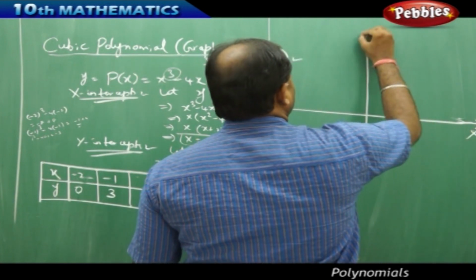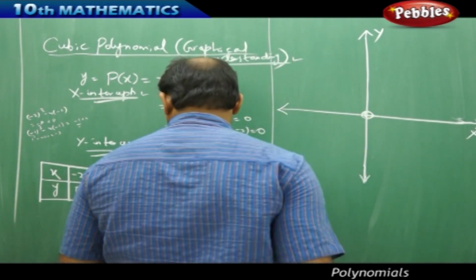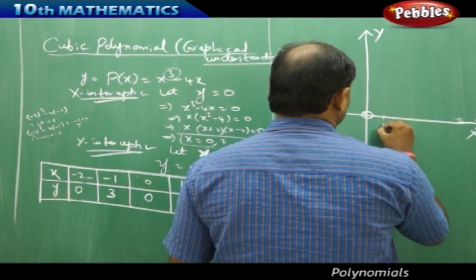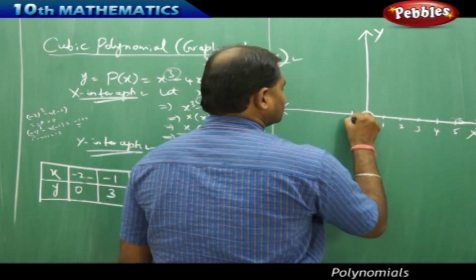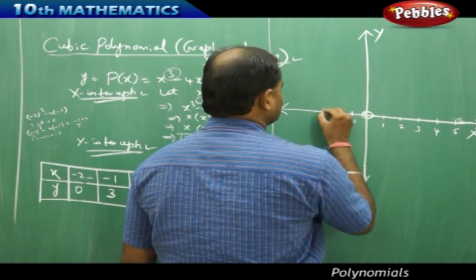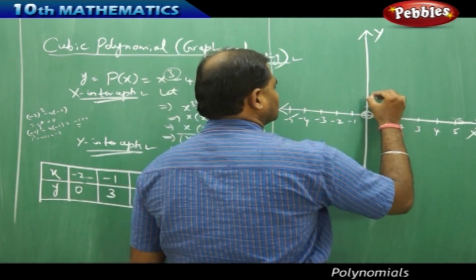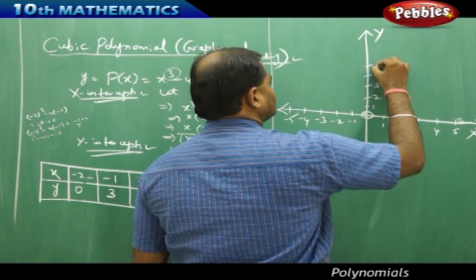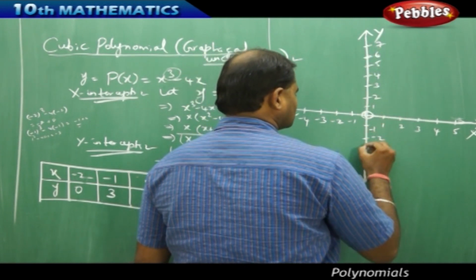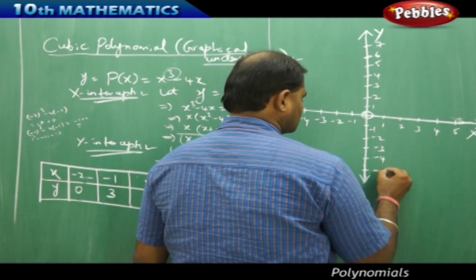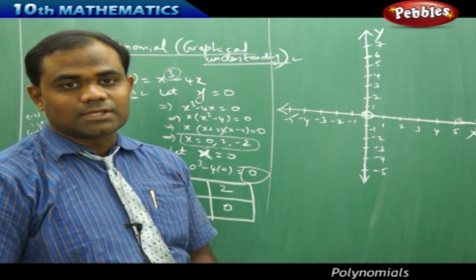This is the x-axis, this is the y-axis, this is the origin, and then I take 0, 1, 2, 3, 4, 5, 6, etc. And here I get negative 1, negative 2, negative 3, negative 5, etc., and then 1, 2, etc. downwards is how I get the different values scaled on the x and y axes.